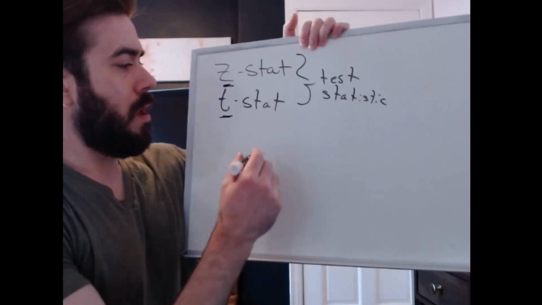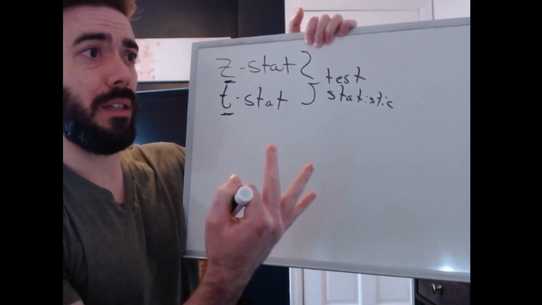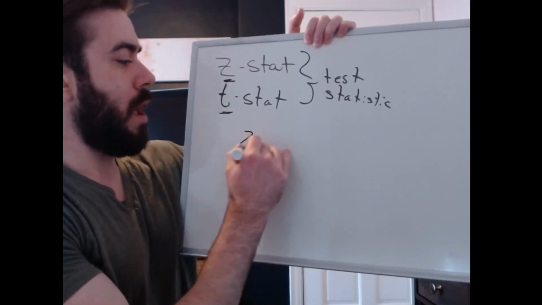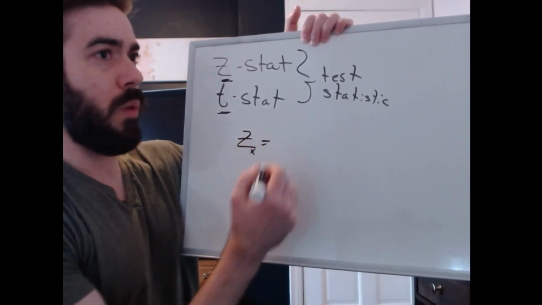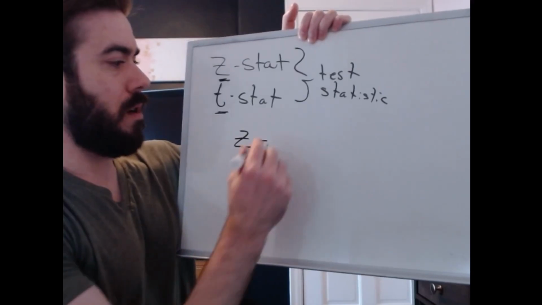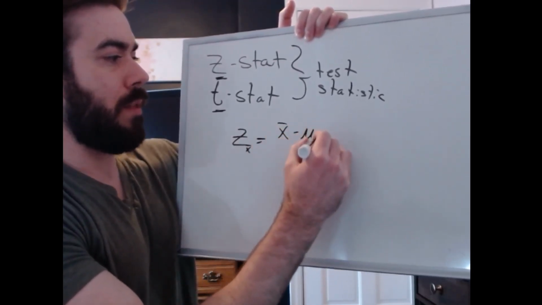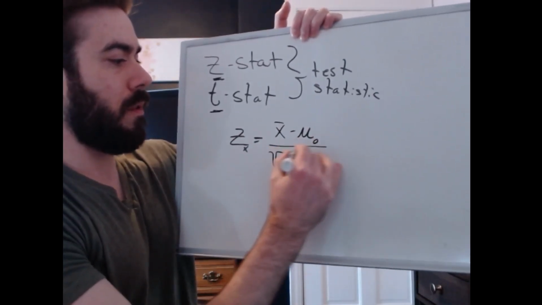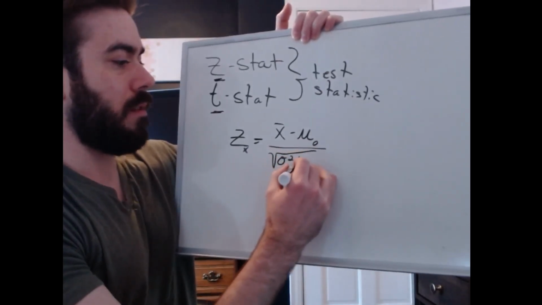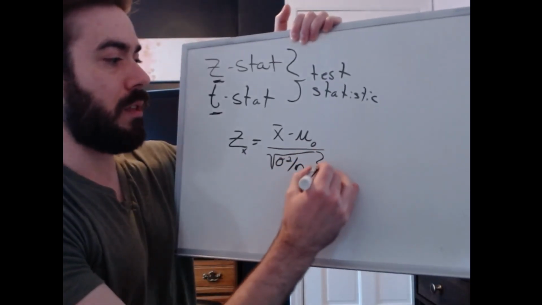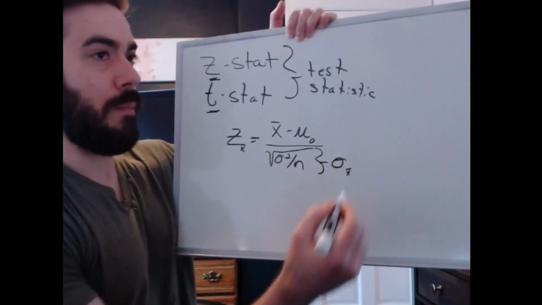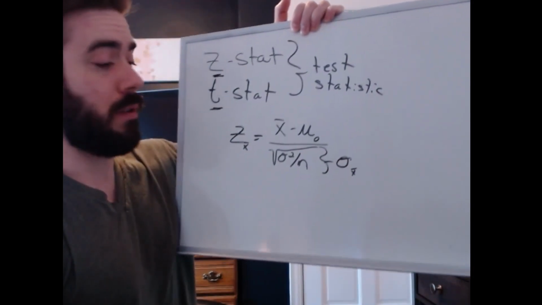Okay? Now, the three types of test statistics we could have: when we had only a sample mean, we took the sample mean minus the assumed true mean, and then divided by the square root of the variance over the sample size, where this denominator represented the standard deviation of our sample means.